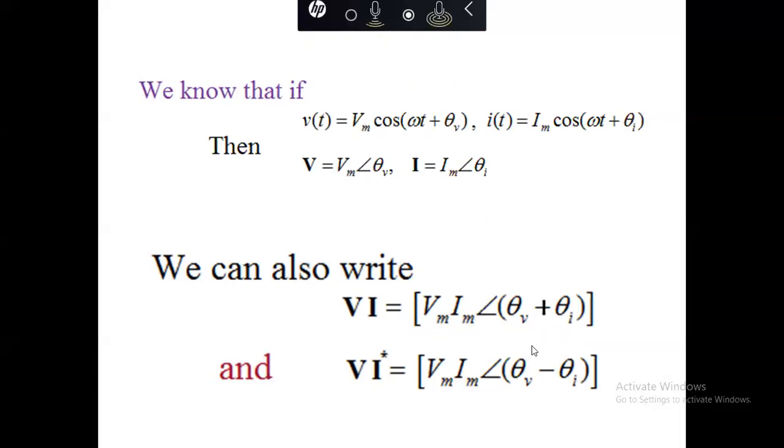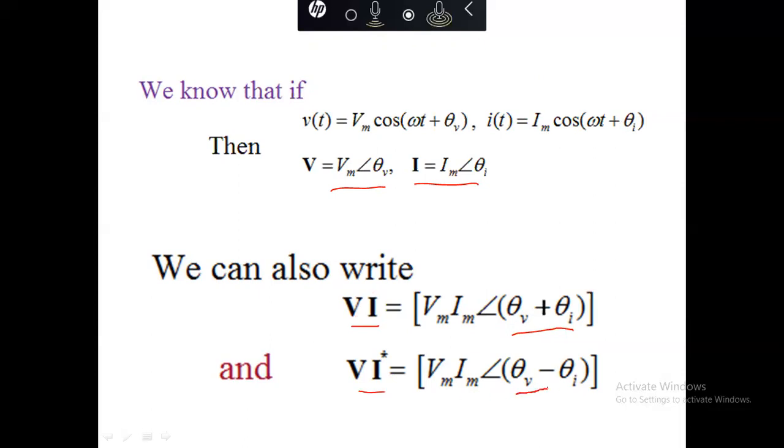So we can write the equations in phasor forms. So this is the phasor representation of voltage and current, and we have the VI product here, which is theta V minus theta V plus theta I, but we have to take the conjugate of this.